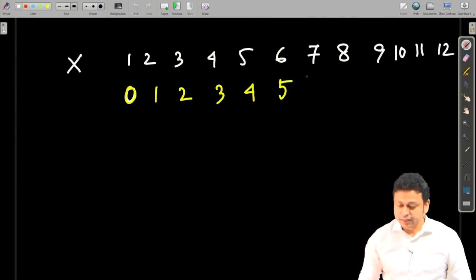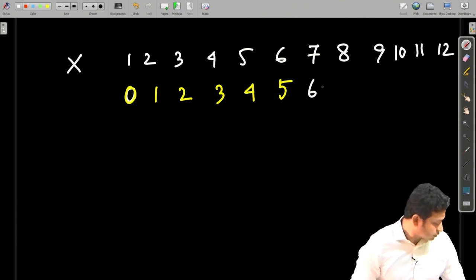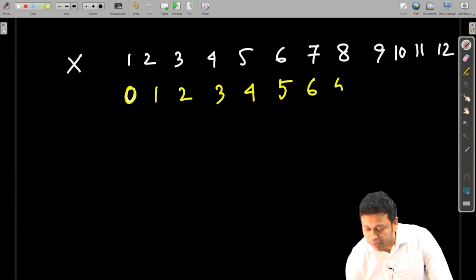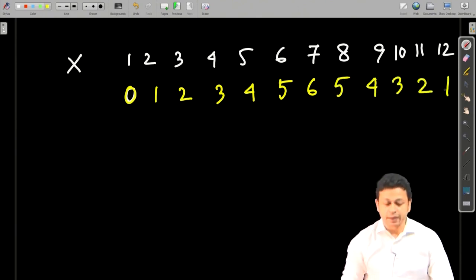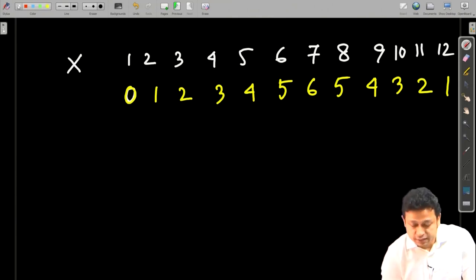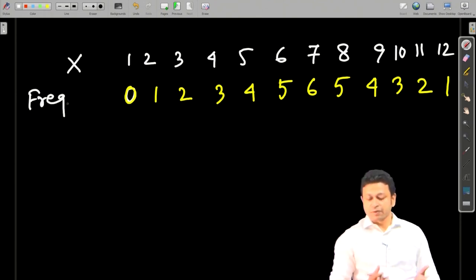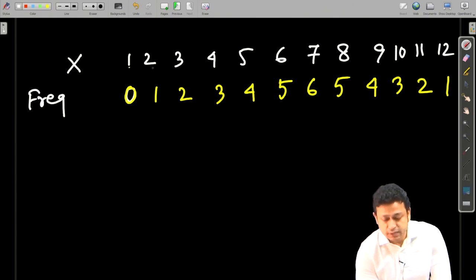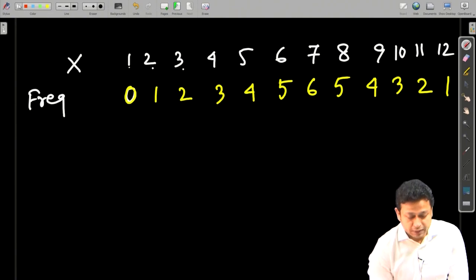So if I write it down here, 6, 5, 4, 3, 2, 1. Okay. So these are the frequencies I got, the number of times you can see these particular outcomes. Now, I want to calculate the probabilities.